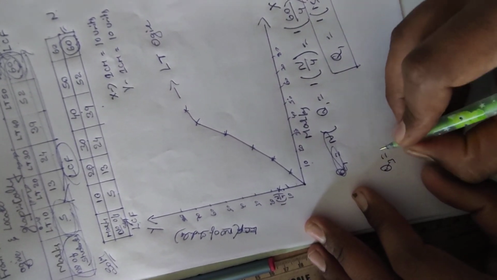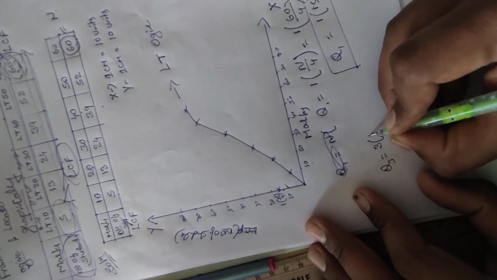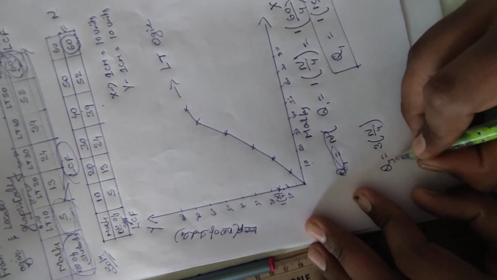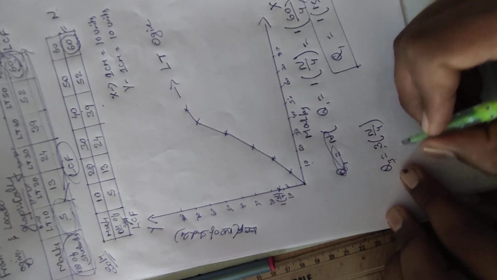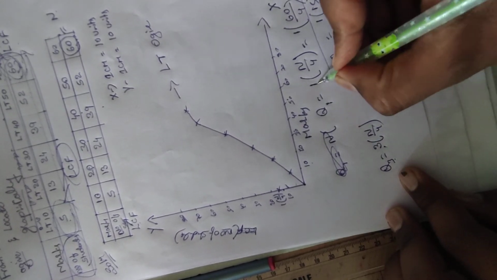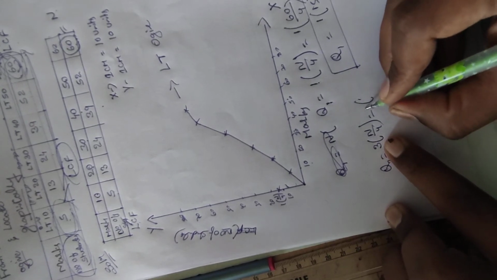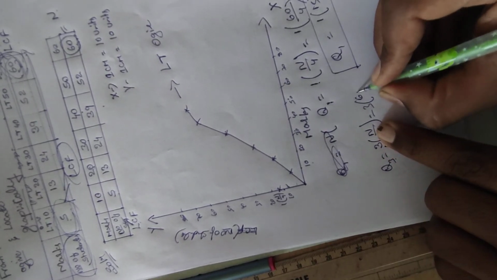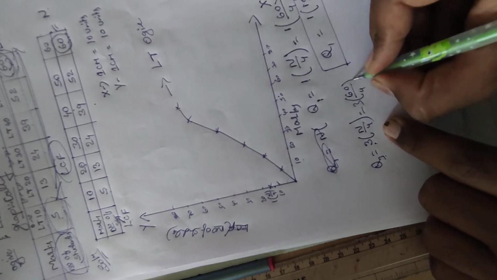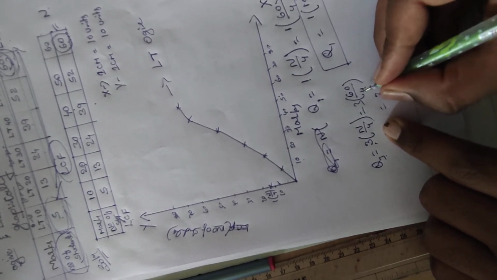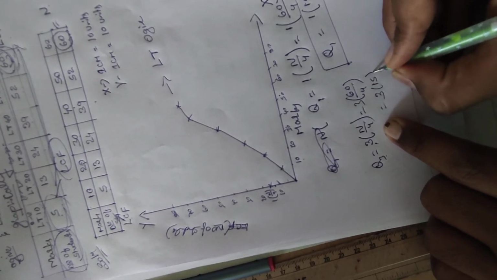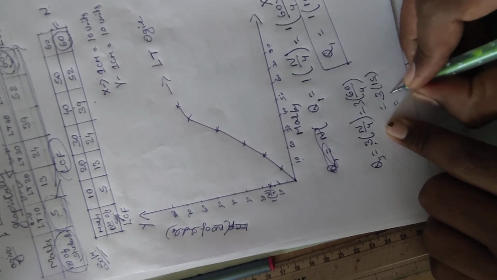The formula for Q3 is 3 n by 4, which means quartile 3. For quartile 1 we are using 1, so here we are using 3. Same formula: n is 60, 60 divided by 4 will get 15. 3 into 15 is 45.